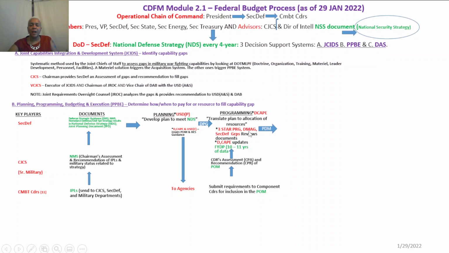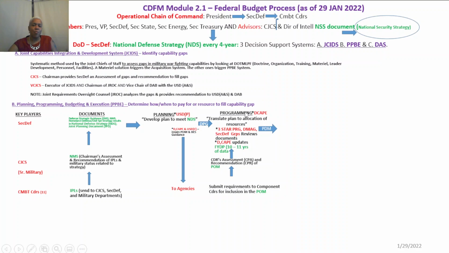The final document in the programming phase is the Program Decision Memorandum. Program Decision Memorandum. It starts with program, so it should help you to remember. Defense Planning Guidance is the last document in planning. Program Decision Memorandum is the last document from the DoD in the programming phase. What that means is once the final decision is made in that phase, it is published in that document.